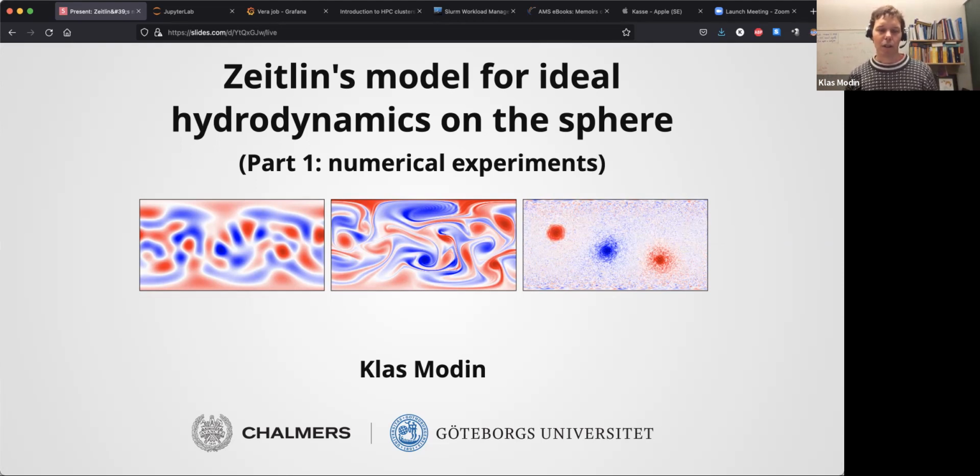The talk is about this truncated model of the 2D Euler equations on the sphere, which is due to Zeitlin. He came up with this about 30 years ago. I'm going to explain quite in detail how this model looks.